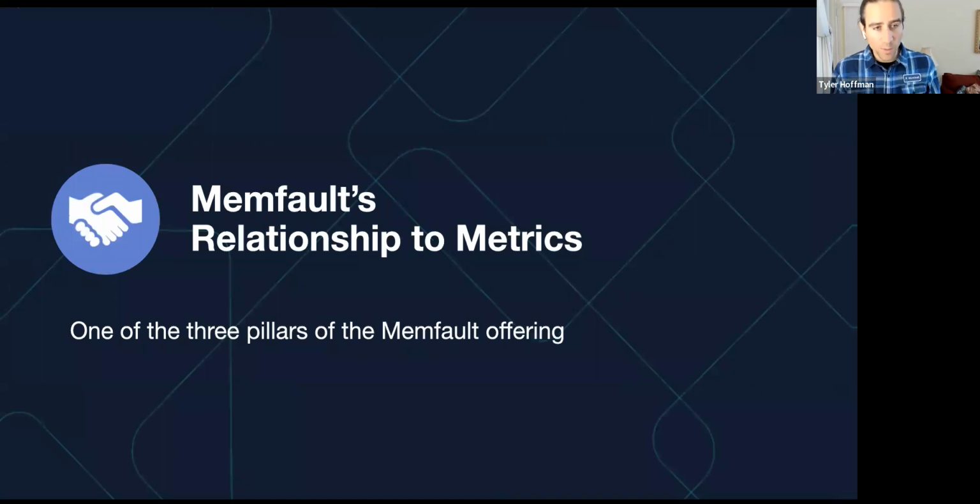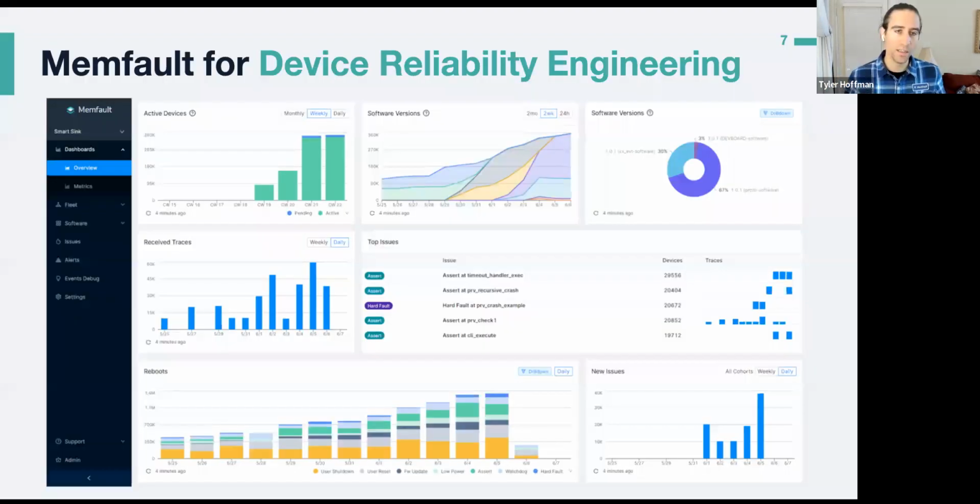First, I do want to talk a little bit about how Memfault plays a role in metrics, like why is a Memfault presentation talking about metrics? First thing is Memfault is kind of the dashboard where much of your data from your system goes into.